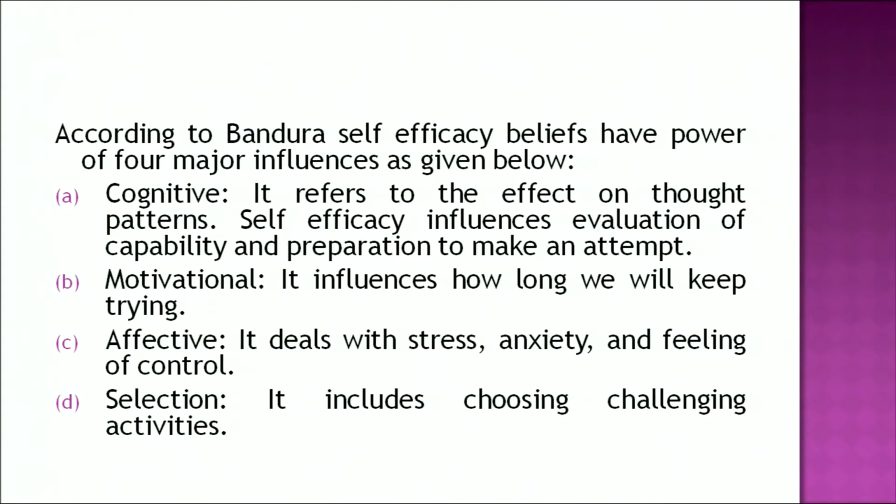Then comes the motivational influence, which is how long we will be motivated to do something, how long we will keep trying. Then comes the affective influence, which is how we deal with stress, anxiety and feelings of control. And then comes selection, which includes whether we choose challenging activities or we choose the easy path.